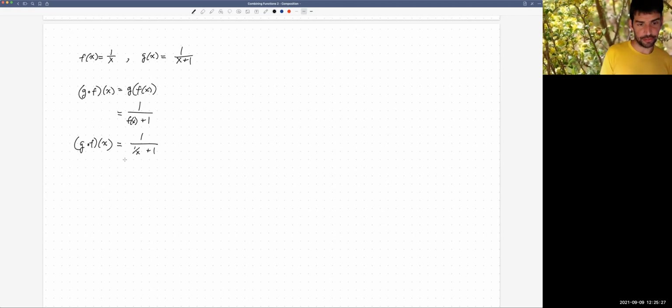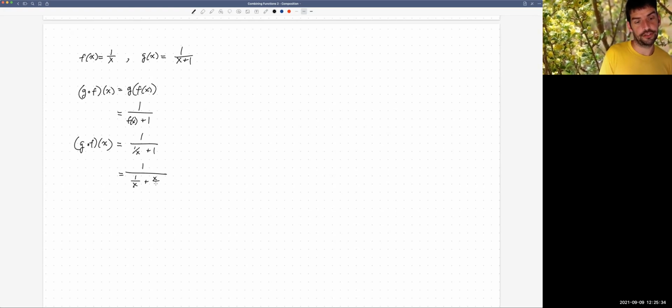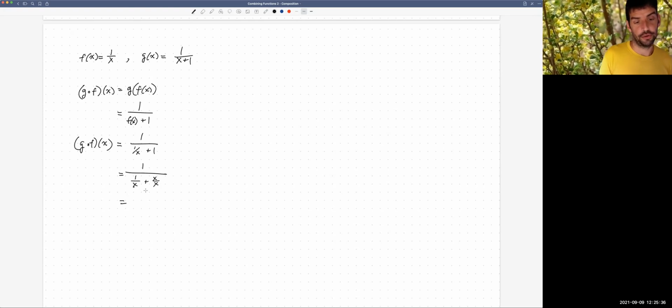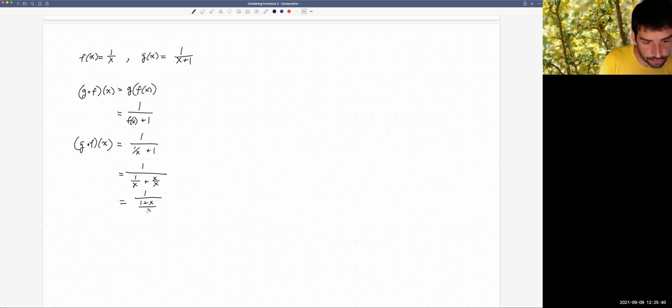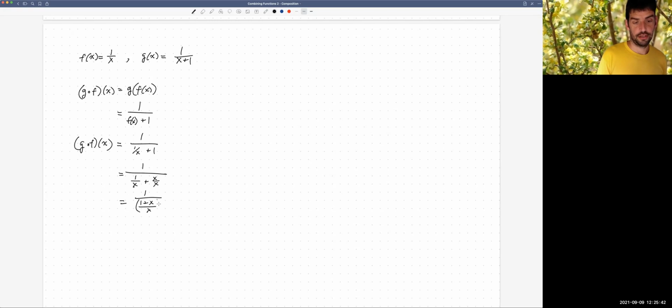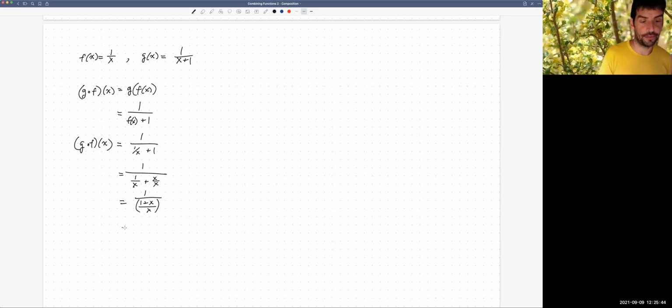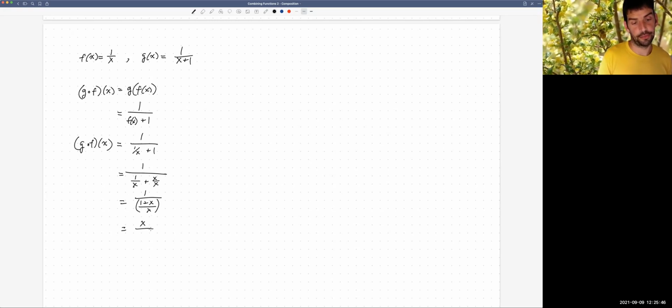Let's do a little bit of algebra to this thing. So this I can rewrite as 1 over 1 plus 1 over x, or 1 over 1 plus x over x, right? And then 1 over something, we simply take the reciprocal.